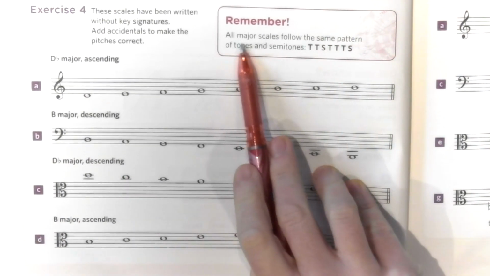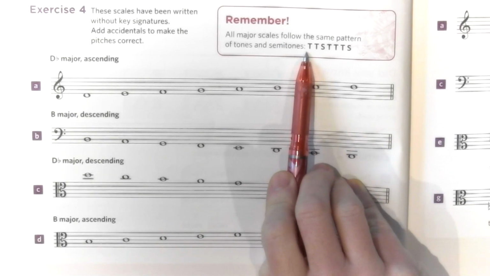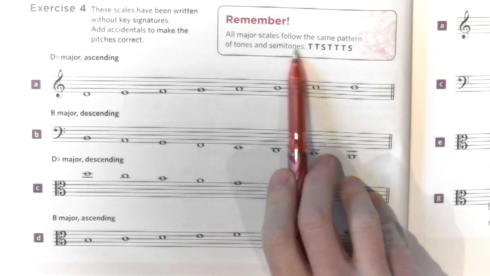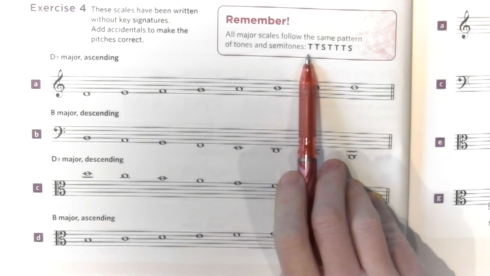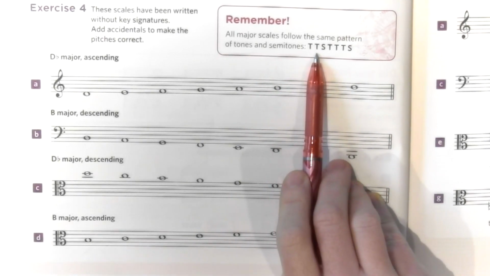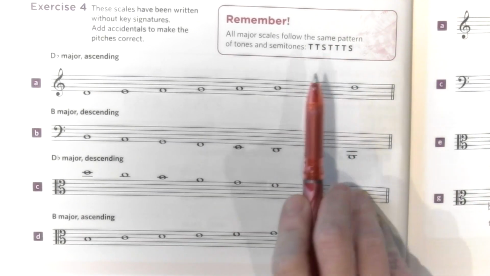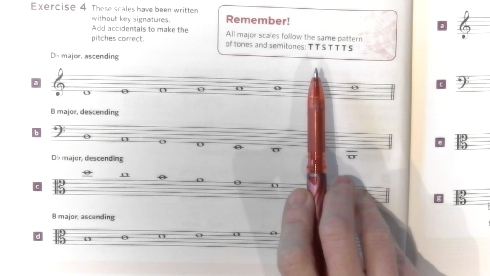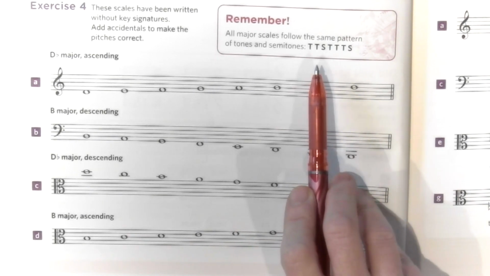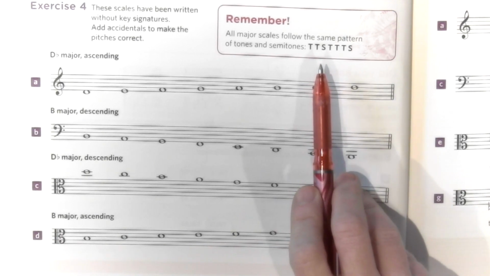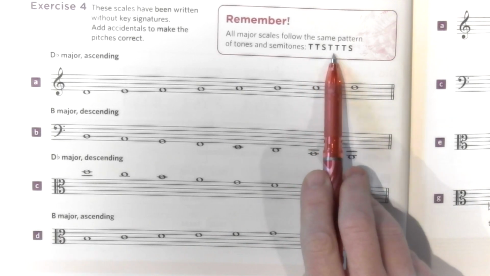You can use this as a double check system, because the major scales always follow this order of tones and semitones. Tone, tone, semitone, tone, tone, tone, semitone. This is always a good way of double checking whether your scale is correct or you missed out something.